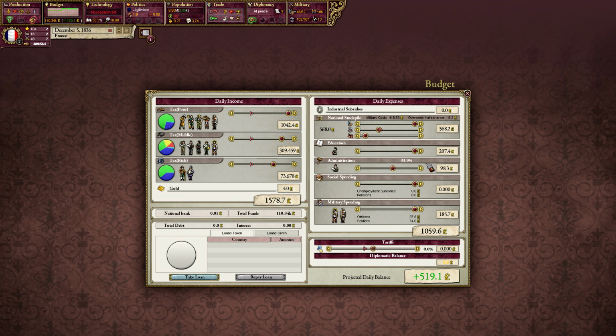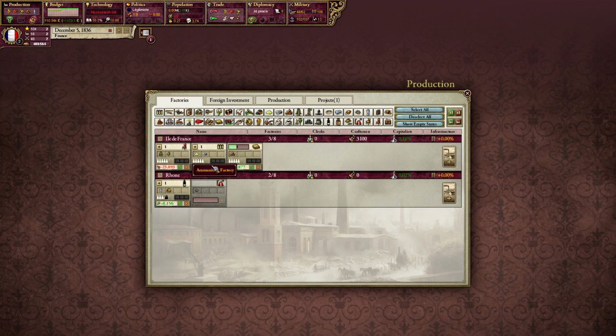And also, this thing here, industrial subsidies. Now, if you watch my production video, you'll remember that you can subsidize a factory. So that, say here, it goes into the red. Let me just upgrade that. I upgraded it because it was full. Here, you can see, 10,000 out of 10,000.